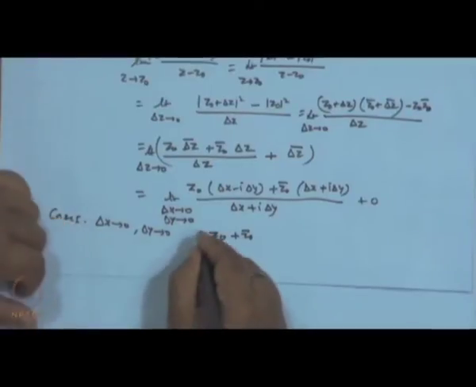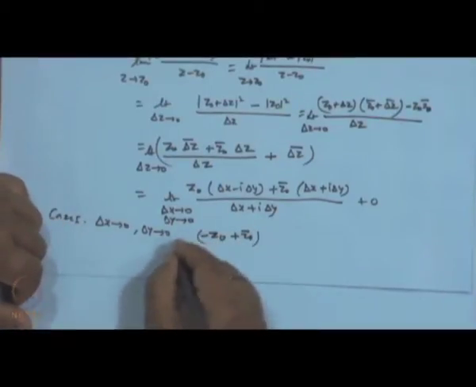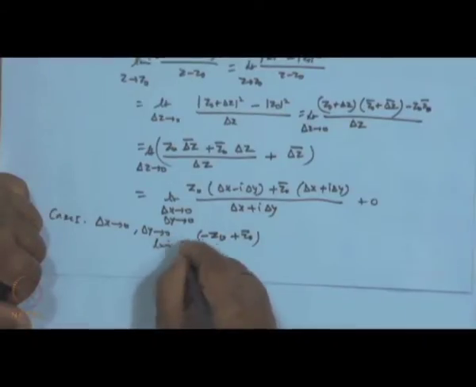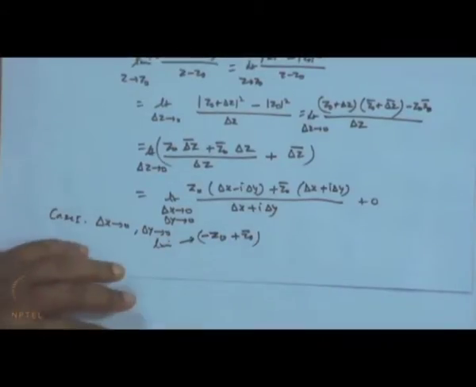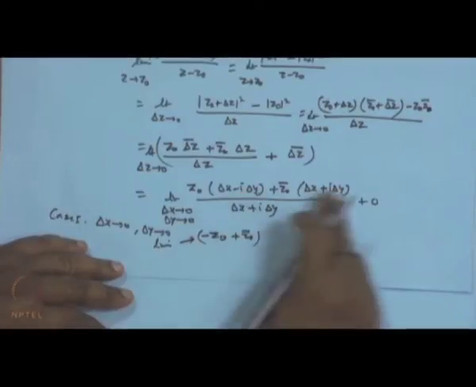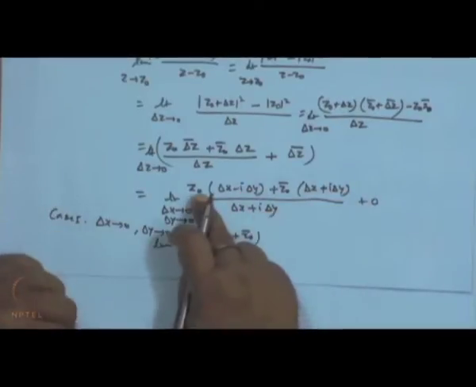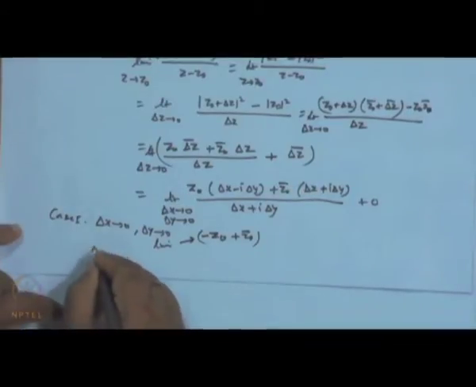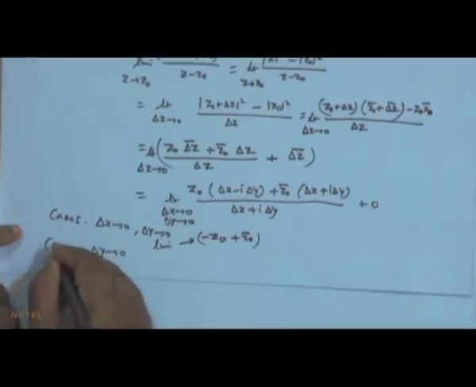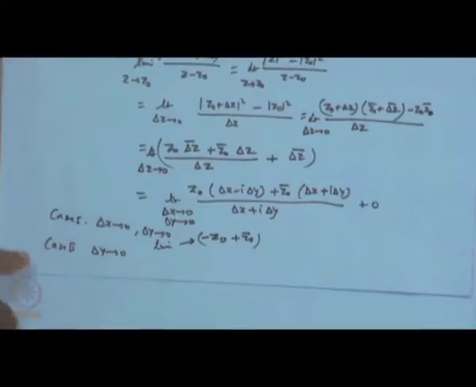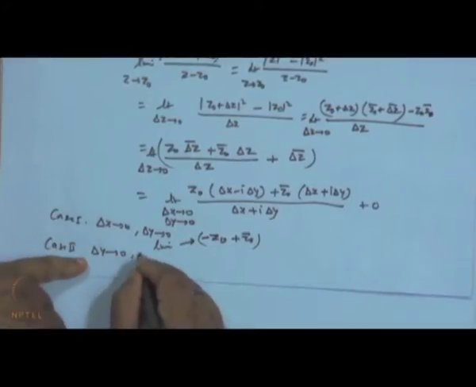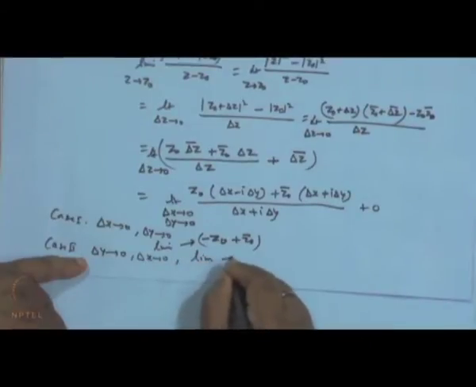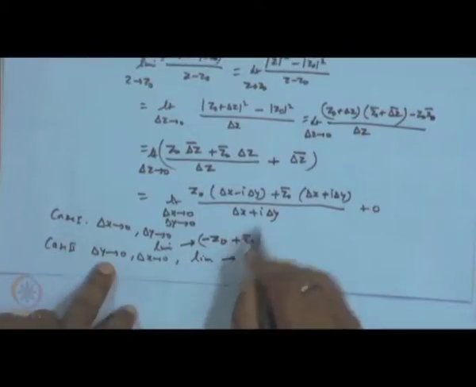So, this will be the limit, is it not? By i delta y gets cancelled from here and minus z naught, or here this z naught, and when delta y goes to 0 first and then delta x goes to 0, then the limit will come out to be, now delta y goes to 0 first.